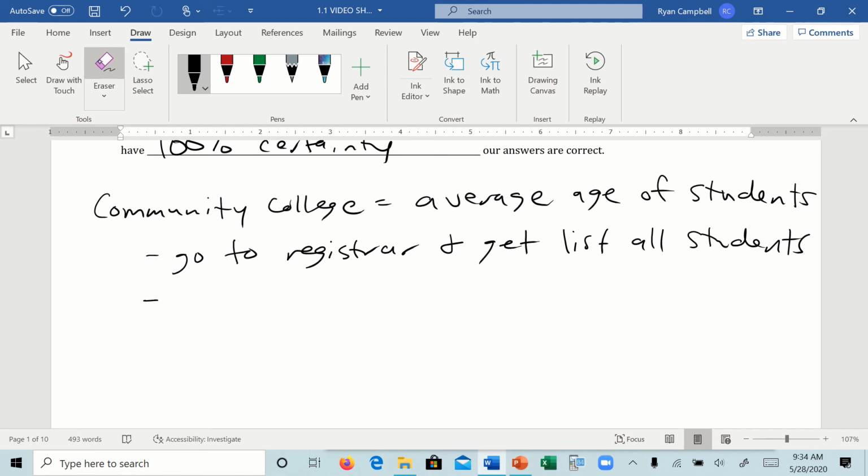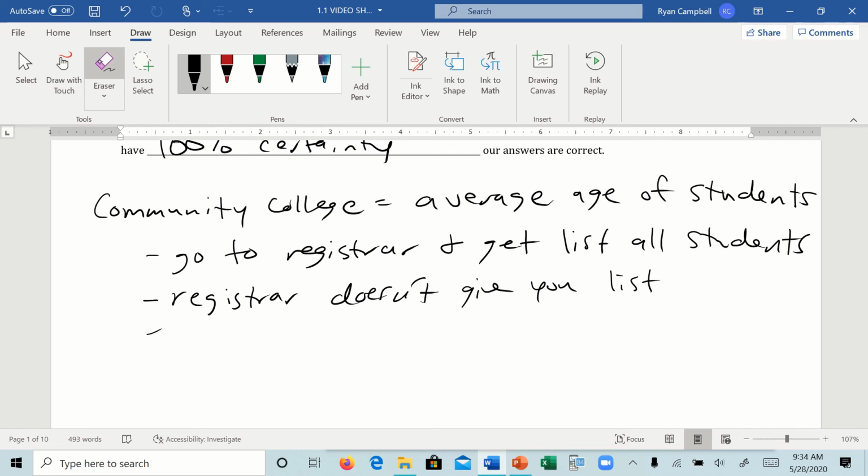But let's say that the registrar doesn't give it to you. Let's say that that's a private thing, or they don't have the information somehow. There's no way to look it up. So what's a different way that we could actually figure out the average age of students?